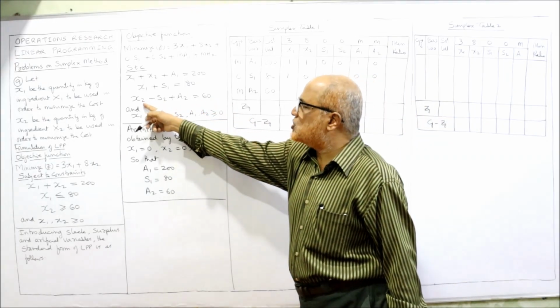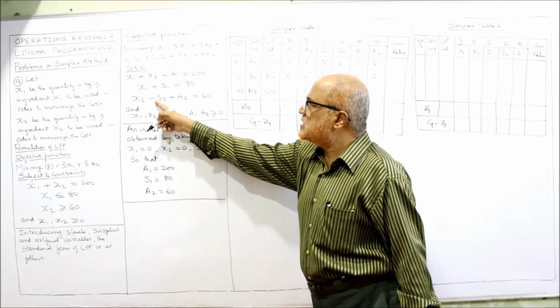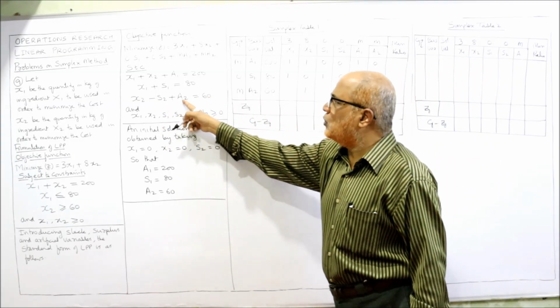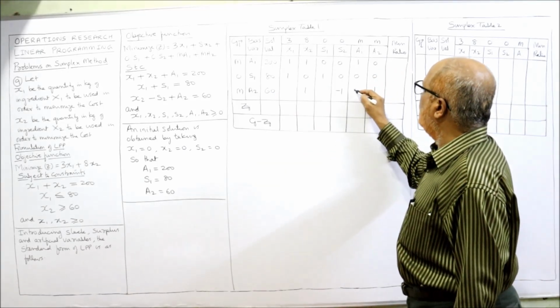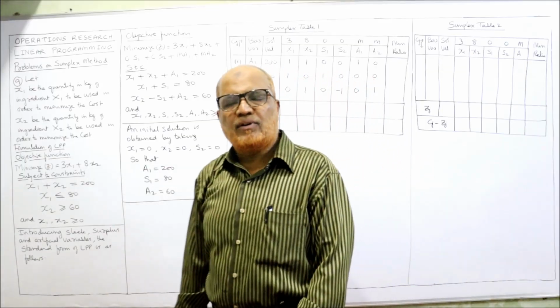Third constraint, x2 is 1, s2 is minus 1, and A2 is 1. Remaining all the values are zeros. So we have taken all the values.